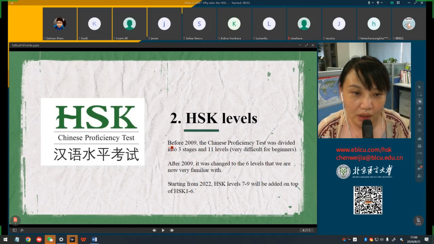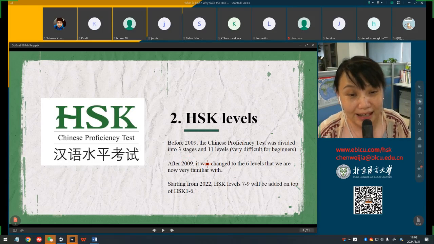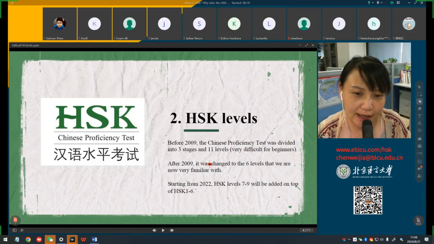Before 2009, the Chinese proficiency test, the HSK test, was divided into 3 stages and 11 levels. By that time, the HSK test was very difficult for beginners.